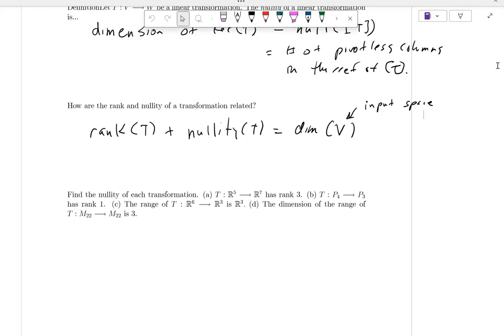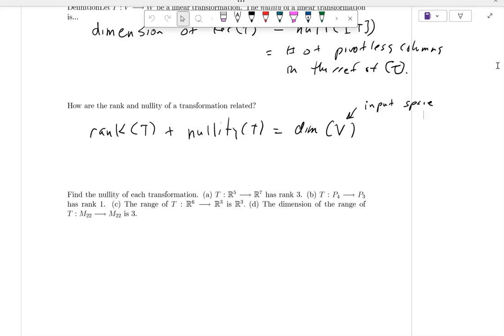We said that the rank is the dimension of the range, and the nullity is the dimension of the kernel. Remember, your range corresponded to the column space of your standard matrix for the transformation, and the kernel corresponds to the null space.